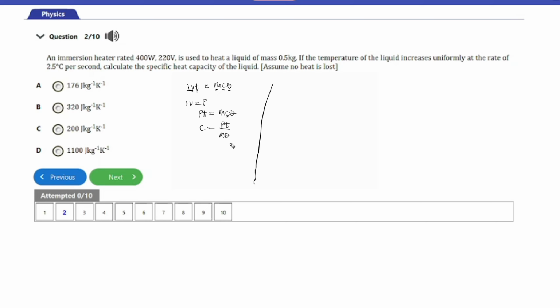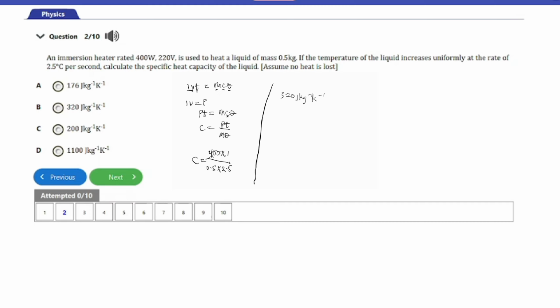In that case, the power is 400 watts, times the time, which is 1 second, all over the mass of 0.5 kg times the change in temperature 2.5 degrees Celsius. Let's calculate this out together, and we're going to have 320 joule per kilogram per Kelvin, and that's option B. So that's the answer to this question.